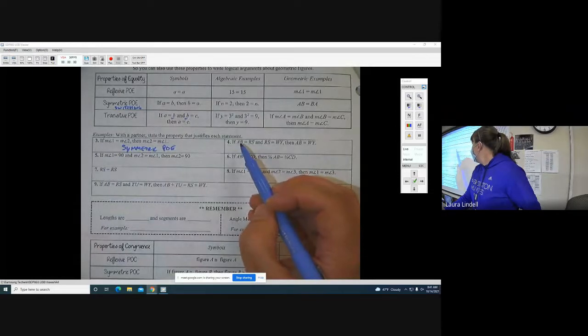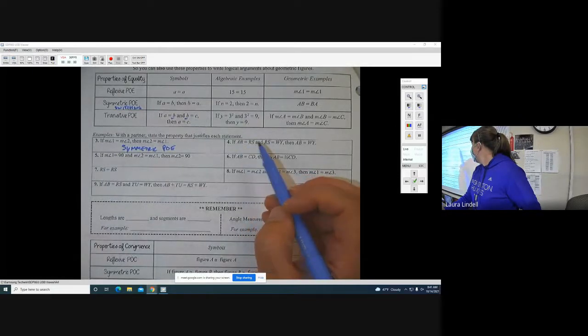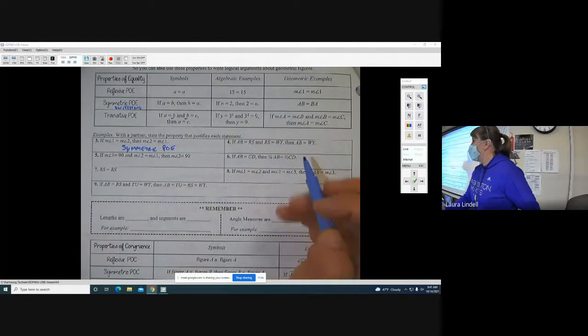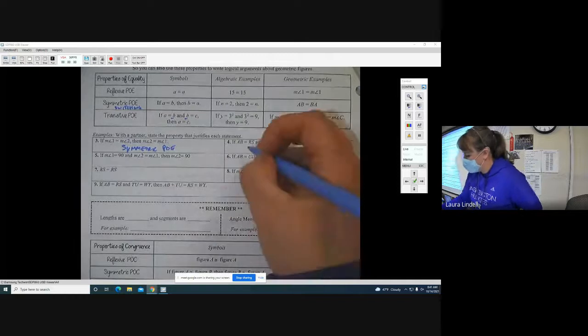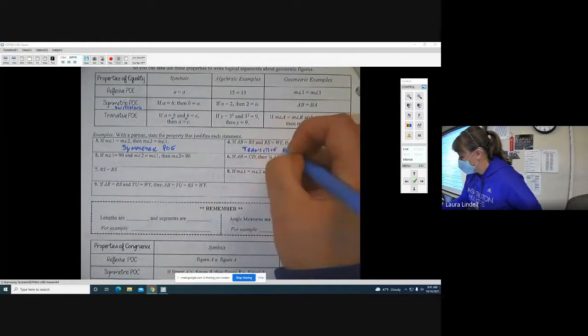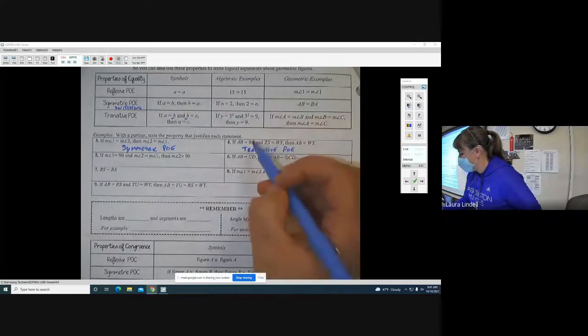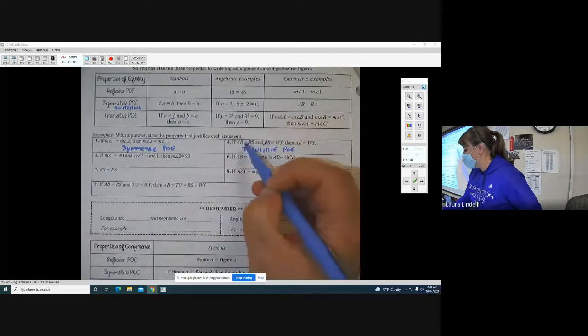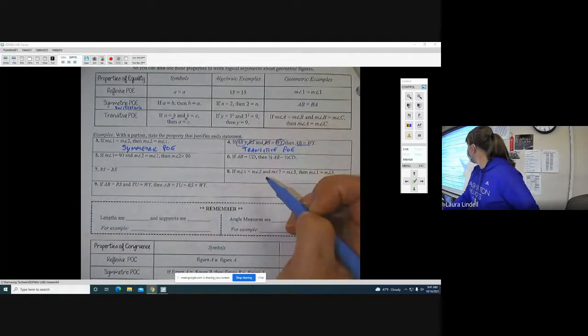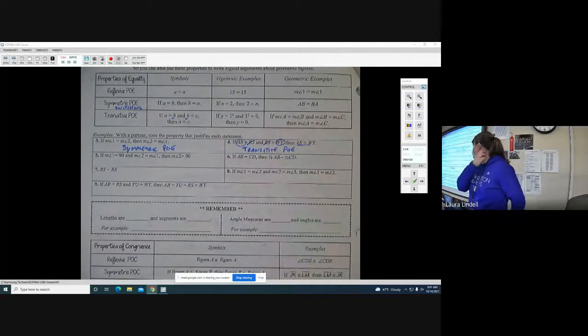If AB is equal to RS and RS is equal to WY, then AB is equal to WY. Transitive. That one's the transitive. There we go. Because that's where we're kind of cutting out this middleman of RS and getting AB and WY equal to each other over here.